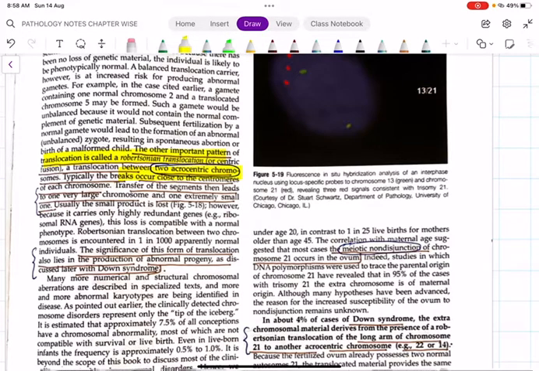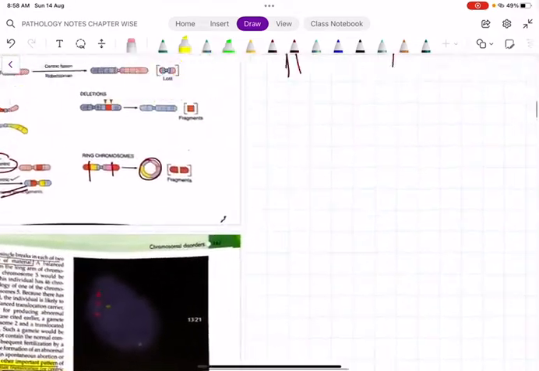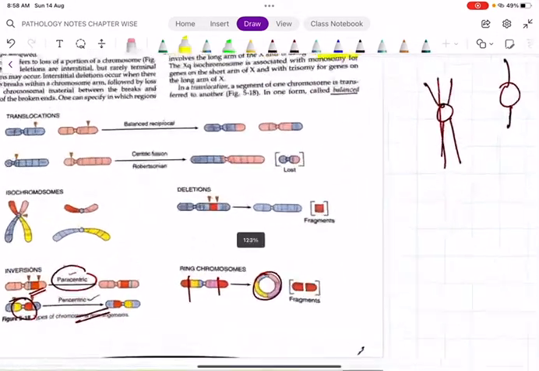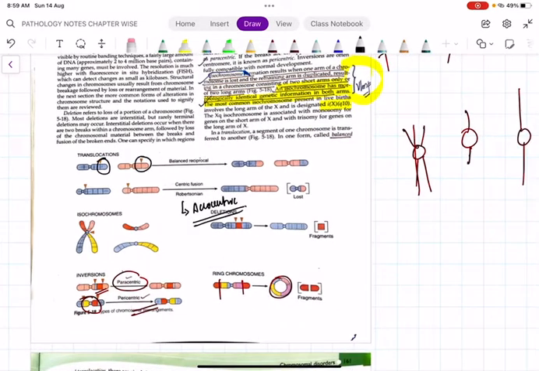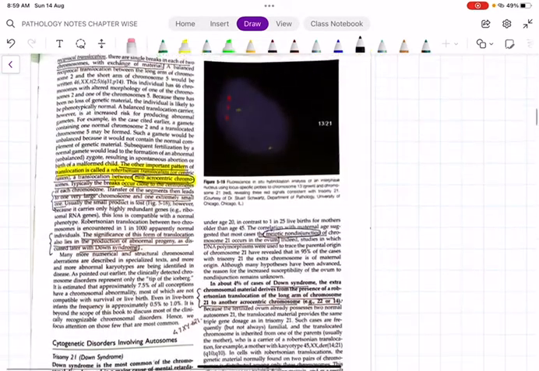As you can see in this picture, in the balanced translocation there will be a single break. Remember that Robertsonian translocation occurs only in acrocentric chromosomes. That is not the case with the balanced or reciprocal translocation.